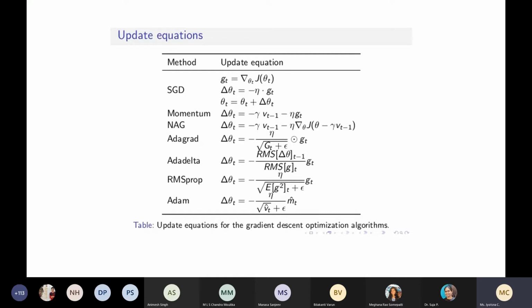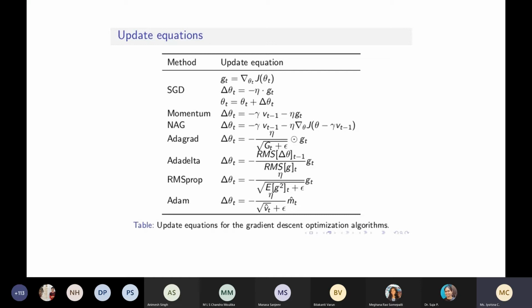One looks at all the previous gradients, while RMS prop uses the squared gradients. They use the previous gradients in different ways, so there will be a change in achieving the convergence point.